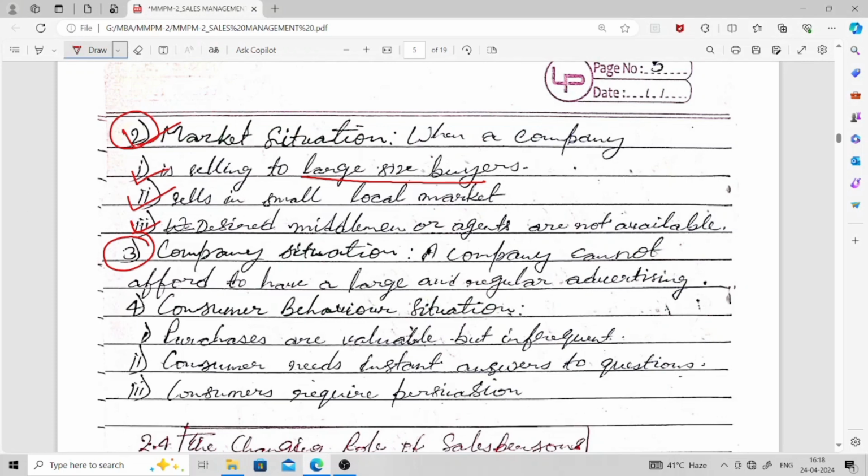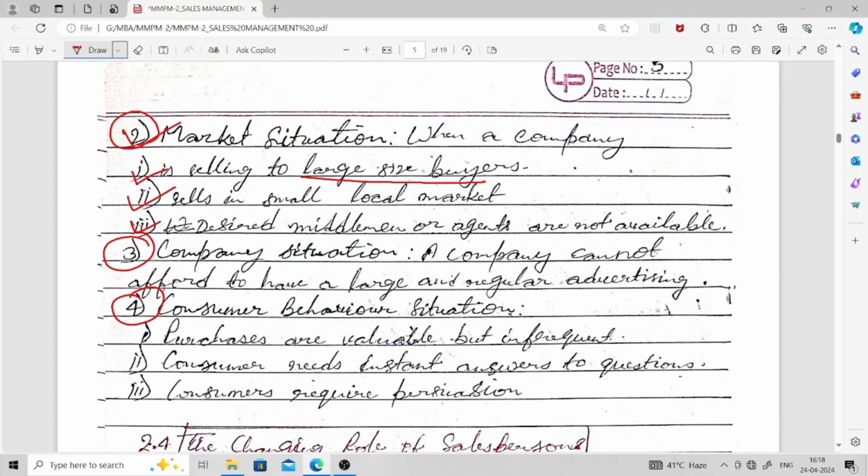And the fourth is the consumer behavior situation. On the basis of the behavior of the consumer, the first is that purchases are valuable but infrequent. Whenever purchases are valuable but infrequent, personal selling is preferable, because in these situations, since purchases are valuable, customers want a lot of information regarding the product.